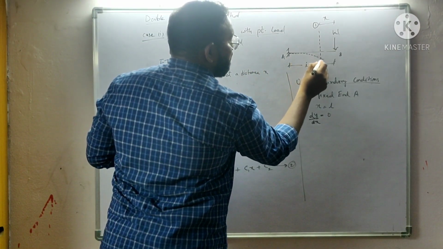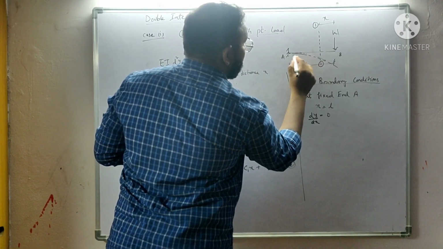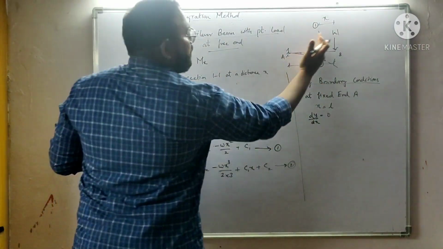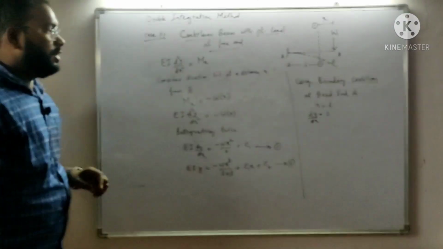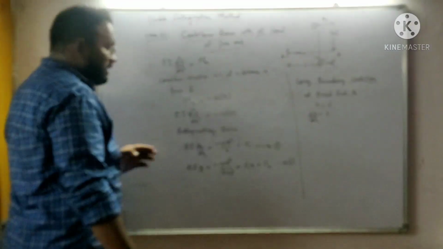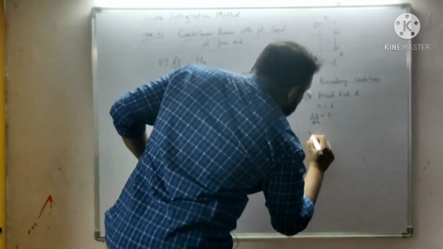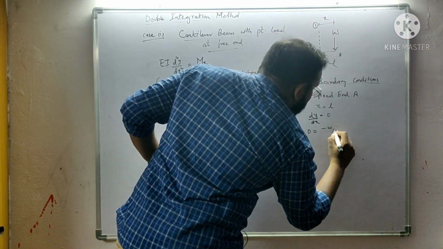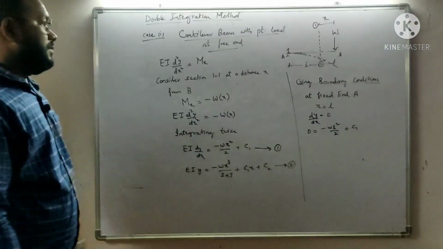See, the deflected profile is like this. There is no deflection and rotation at the fixed end. x is moving towards L. So x is equal to L, dy/dx is equal to 0. Substituting in equation number 1: 0 is equal to minus WL²/2 plus C1.